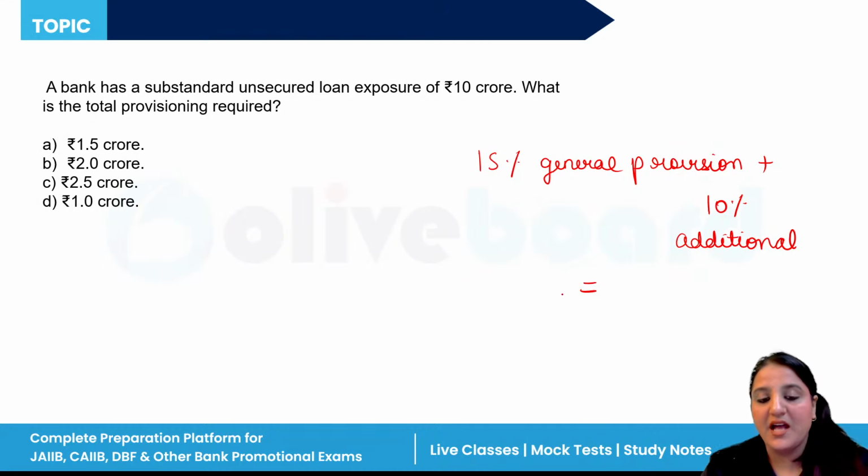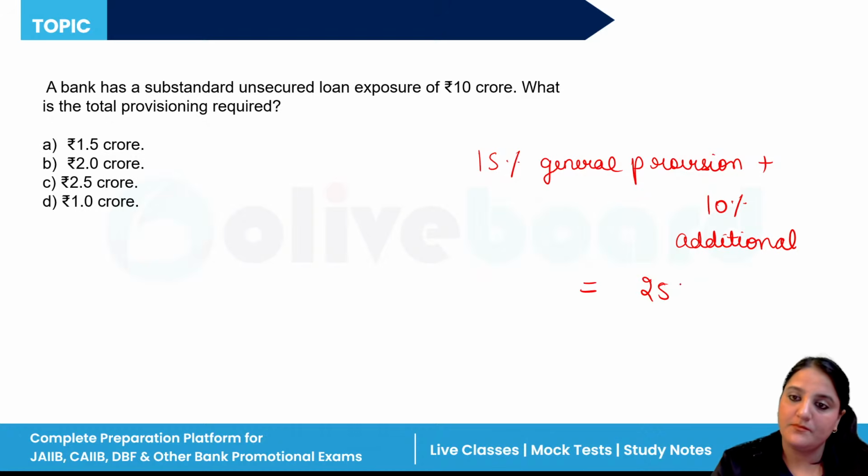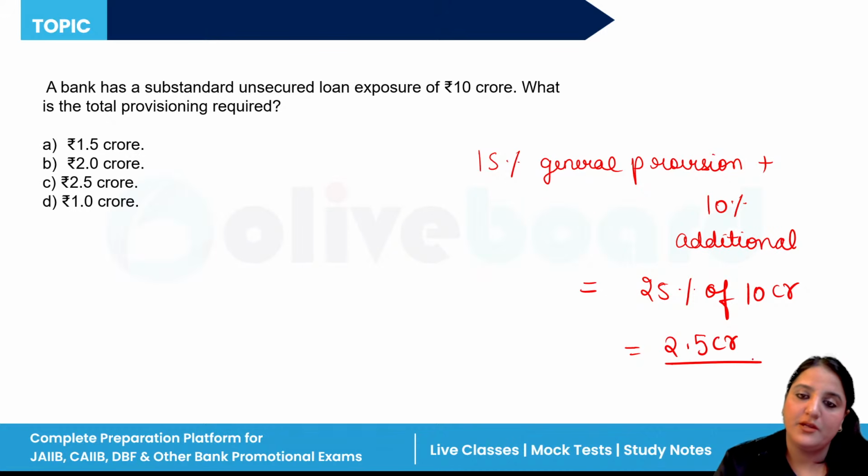So the correct answer here is 25% of 10 crore. And what is 25% of 10 crore? 2.5 crore. So option C is correct.